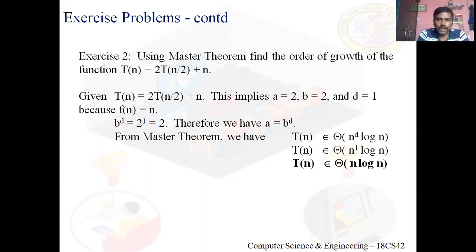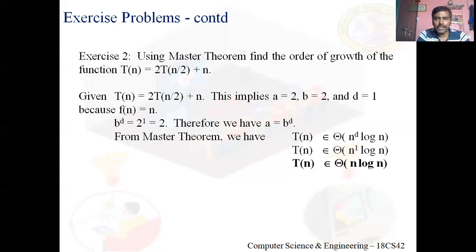So what about the degree of this f of n? It's nothing but 1. n to the power 1 is n. So the degree of f of n in this case is 1. Now I have values for a, b and d.